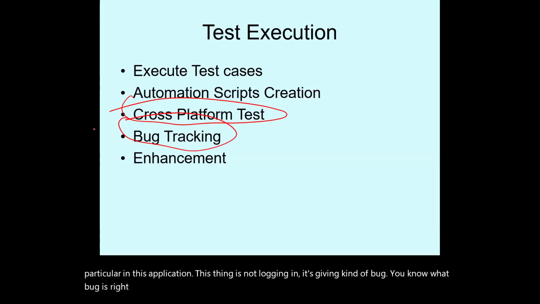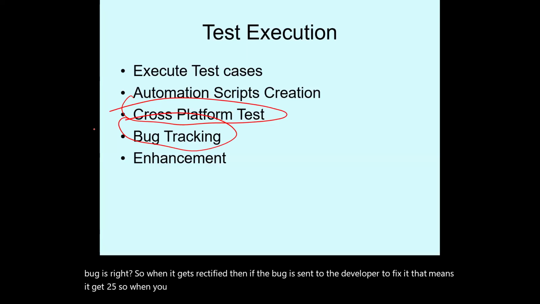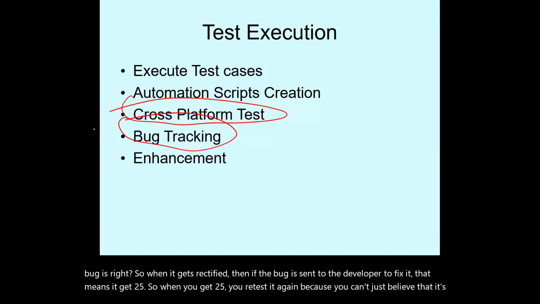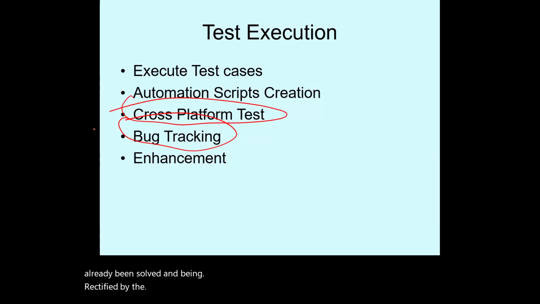When the bug is sent to the developer to fix it, that means it gets rectified. So when it gets rectified, you retest it again, because you can't just believe that it's already been solved by the developer, which is why you raised the particular bug. So you're going to retest it, then you will provide the closure of it.